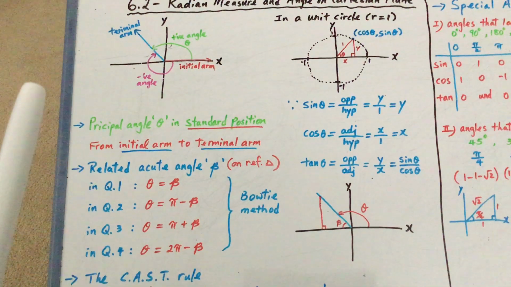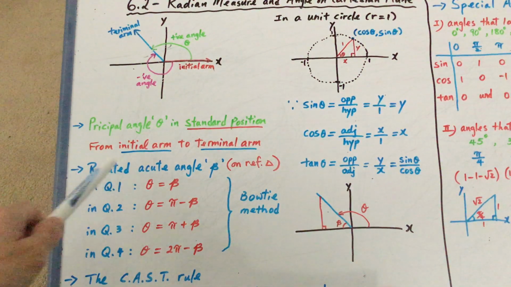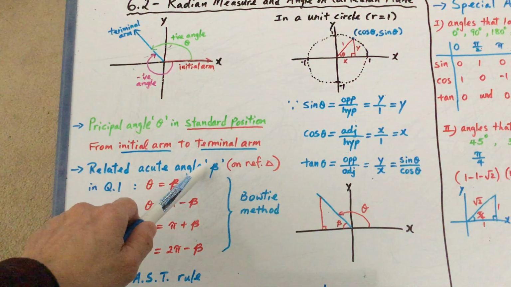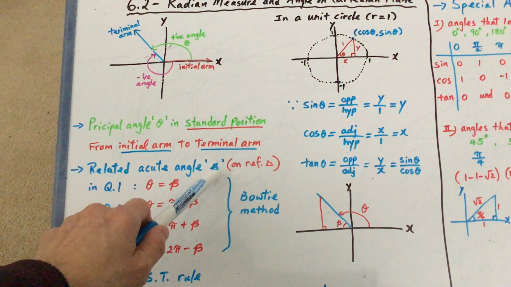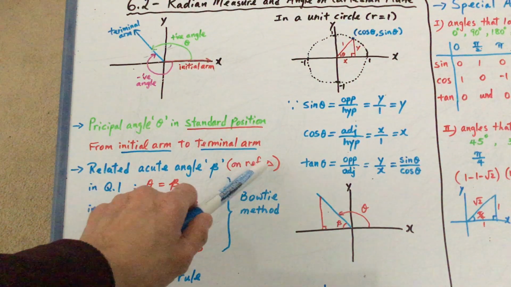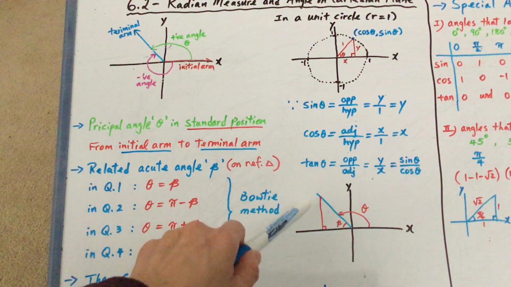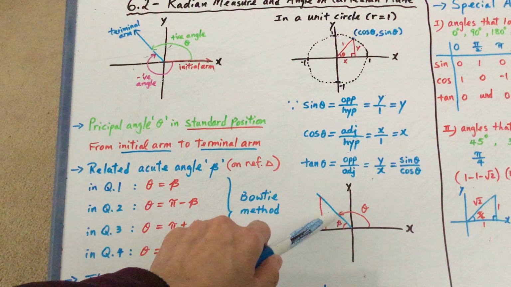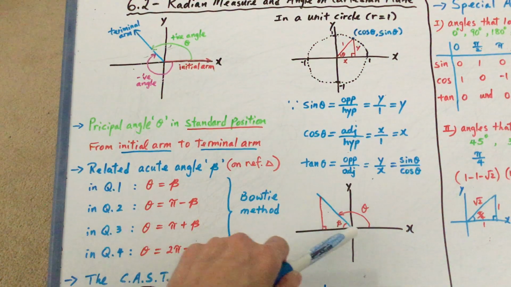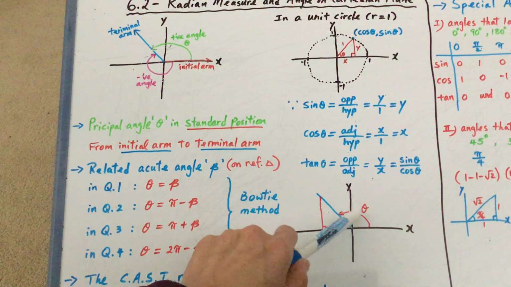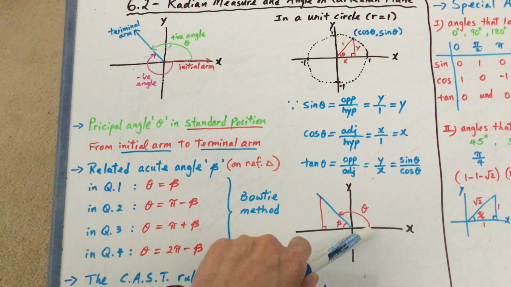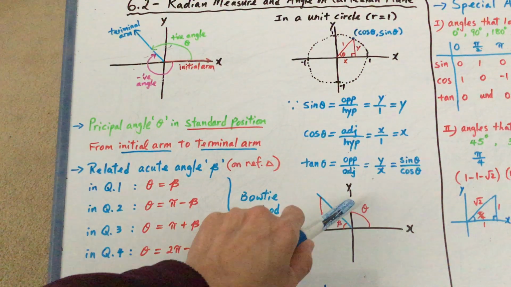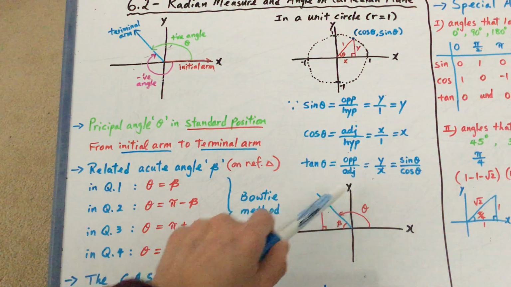The next thing that we need to look at is the related acute angle, beta. The related acute angle is always an angle that's sitting in the reference triangle. For example, this is the diagram of the reference triangle in quadrant 2. The principal angle is always an angle starting from the initial arm and ending at the terminal arm, so this will be my principal angle theta.